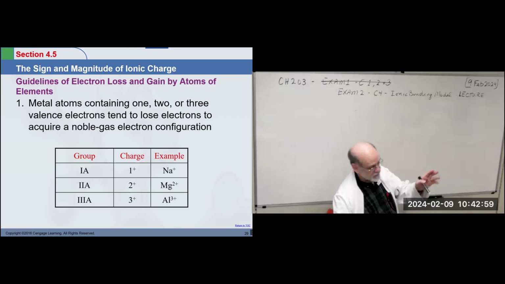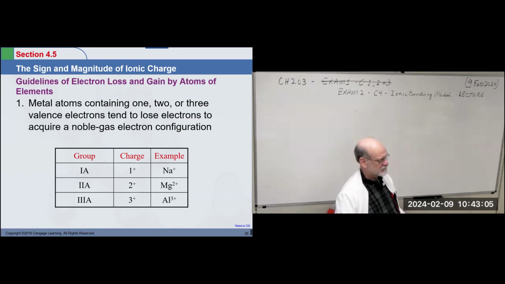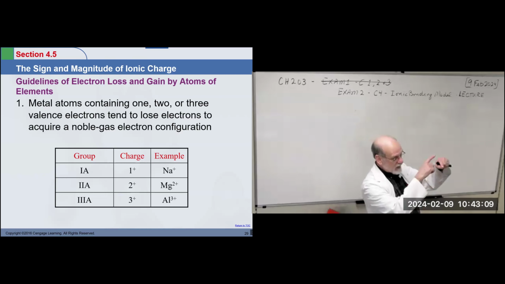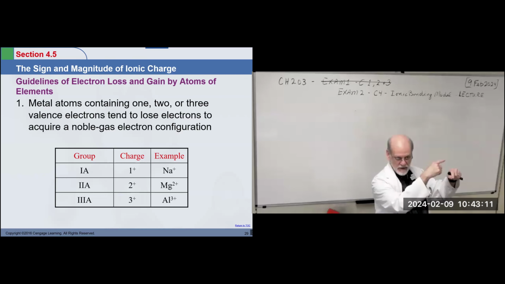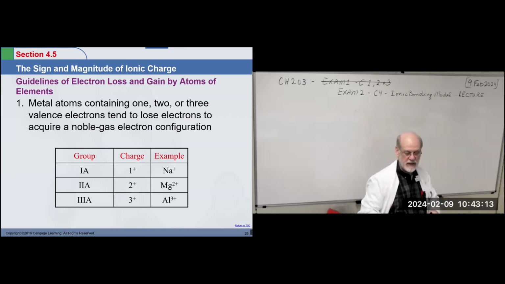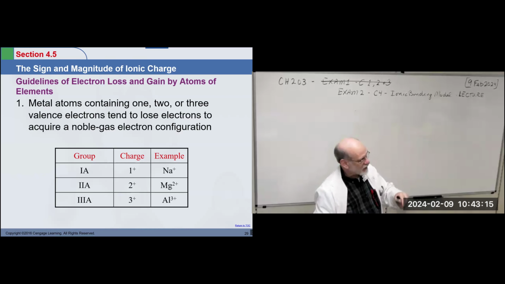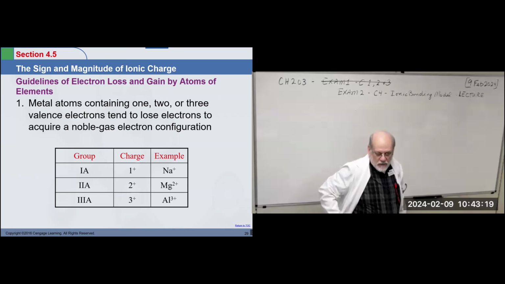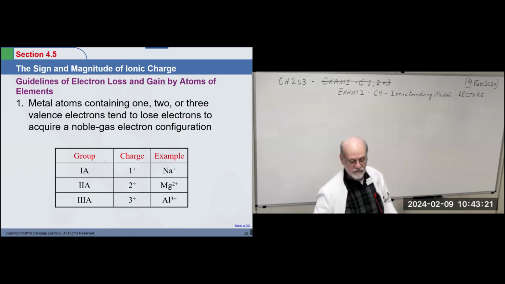So the Roman numeral 3s are going to form 3+ charge. Now boron technically is a nonmetal. It can become charged, right? Because it's right on the border of that line between metals and nonmetals. So any element on that border can act like a metal or a nonmetal, depending on its environment during the reaction.